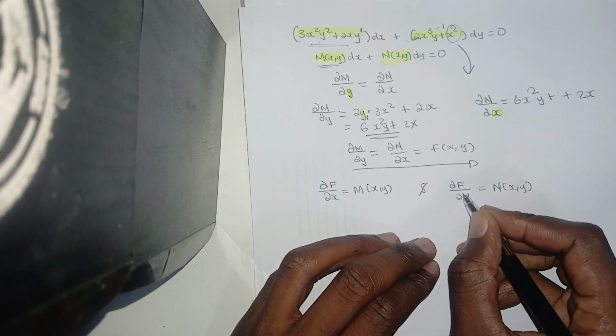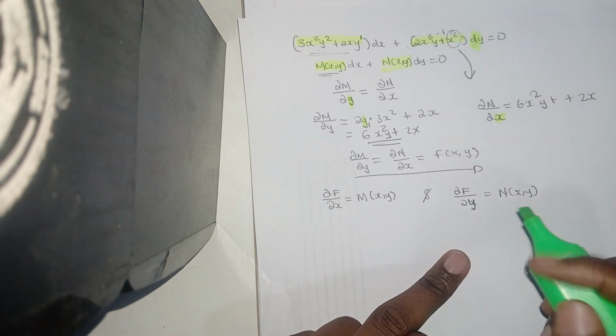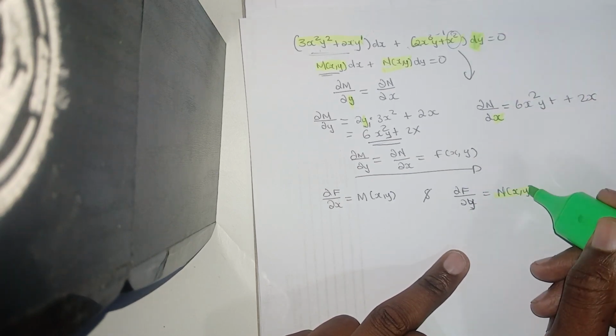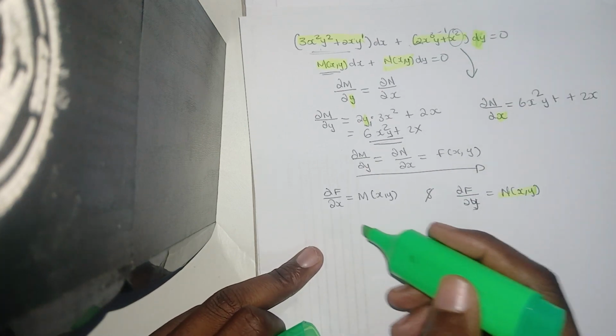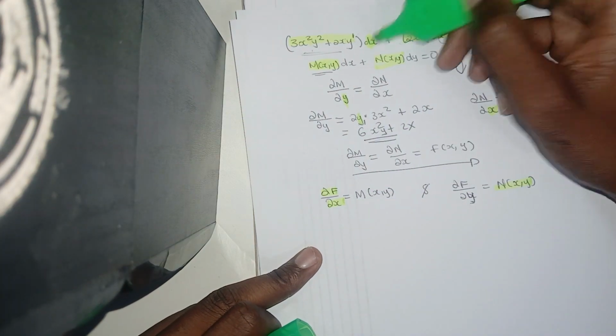When we are assigning them, we focus on this, right? So it will say ∂f/∂y to be this side, the one that is having N(x,y). Then it will also say ∂f/∂x to the one that is having this, right?